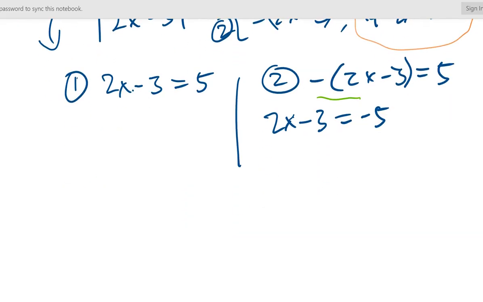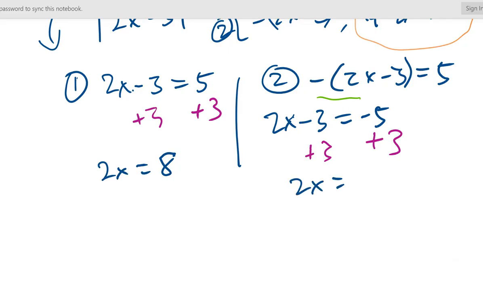All right, so let's continue this problem and solve both sides. I'm going to add 3 to both sides, and over here, I'm going to add 3 to both sides. On the left, I get 2x equals 8, and on the right, I get 2x equals negative 2. Now I'm going to divide by 2 on this side, and divide by 2 on this side.